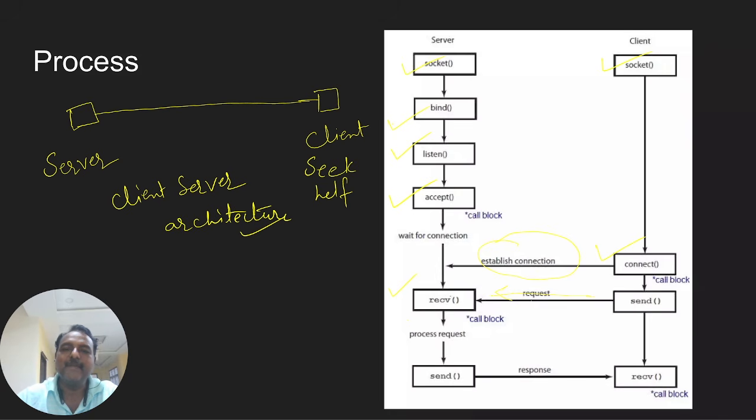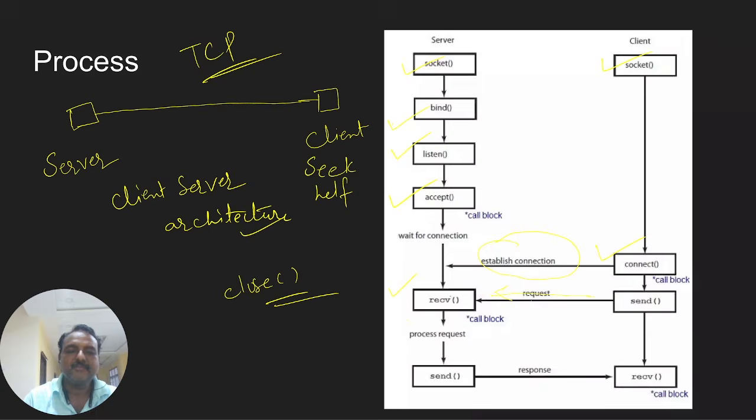At the end, the client and the server are going to use a method called close, which is going to terminate the connection which has been established. So this is the architecture which we are going to follow if I use my TCP protocol.